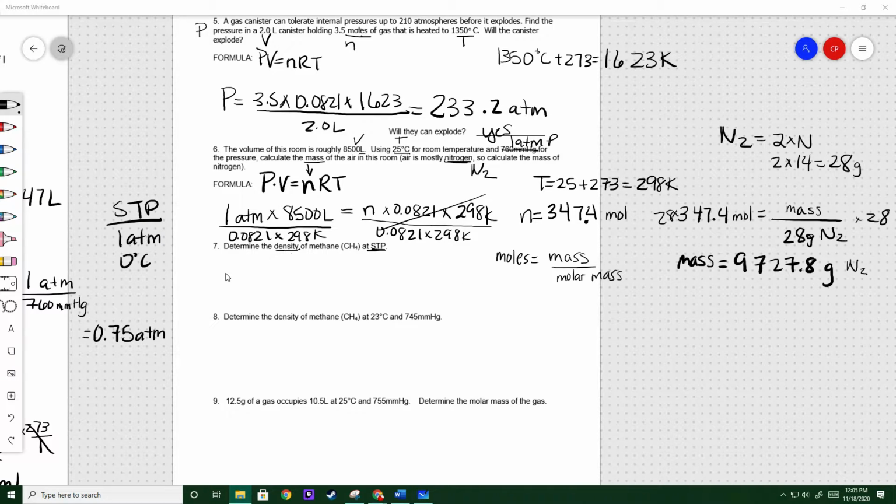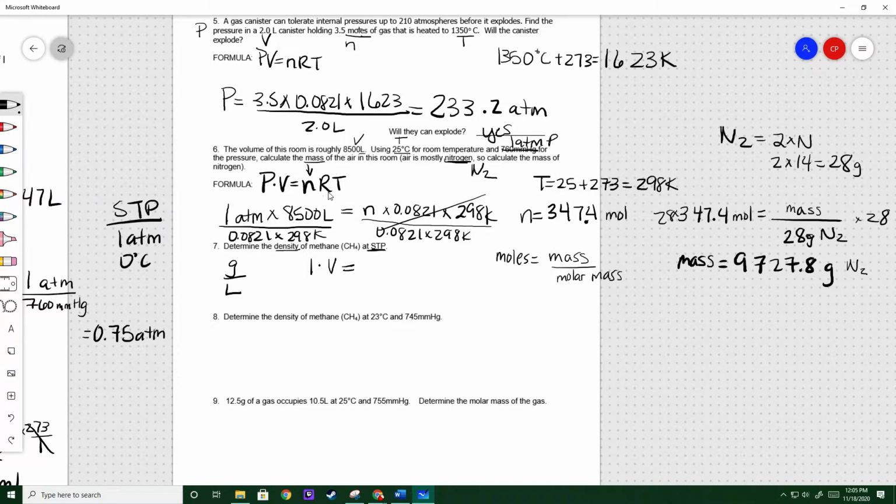So we want to know the density. Density is basically grams per liter or milliliter, but grams per liter works. And we can get this by using our ideal gas law formula. So my pressure would be 1. My volume, I'm not sure.